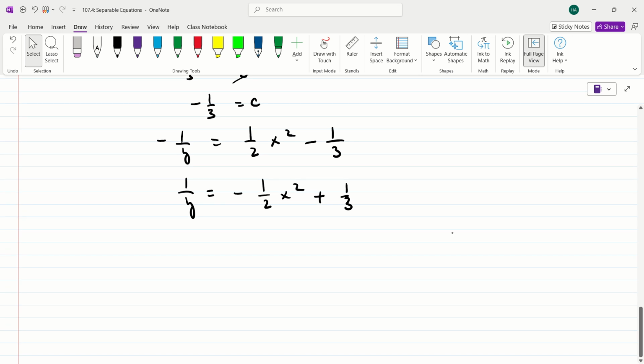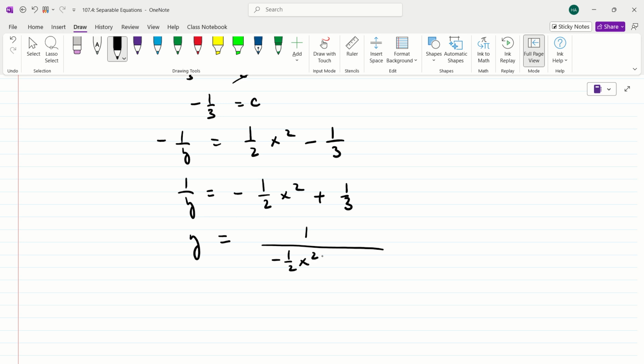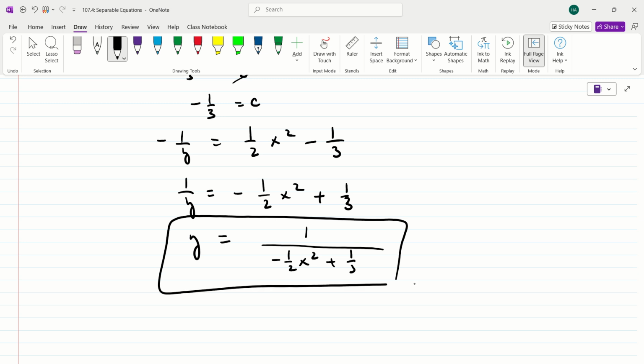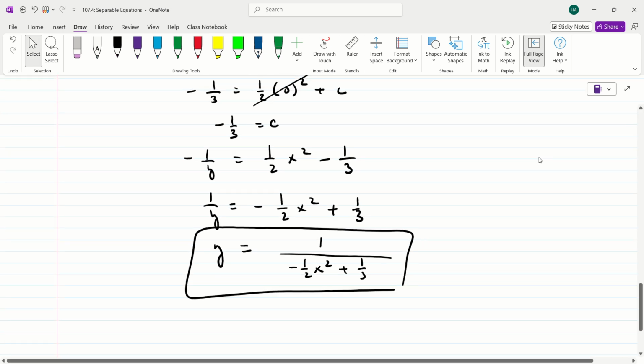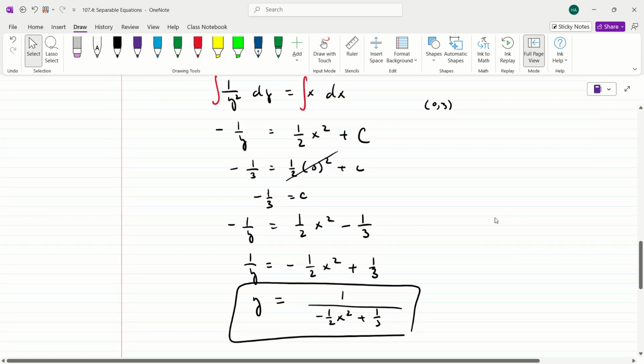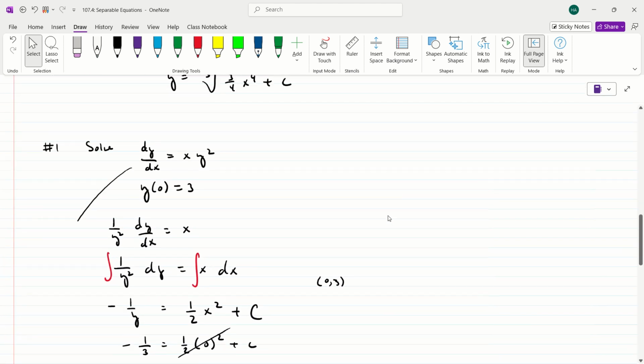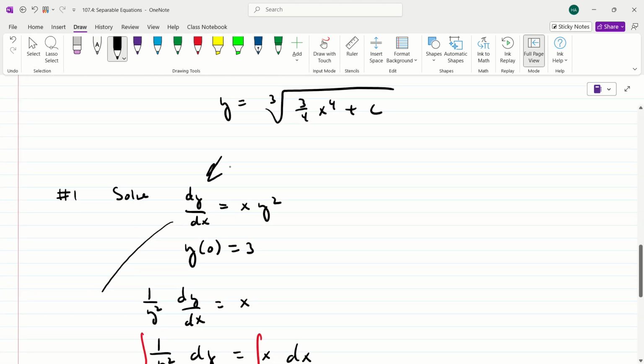Then if I take the reciprocal of both sides, I get that y is equal to 1 over negative 1/2 x squared plus 1/3. And this is the solution to the differential equation. So if I take this function and take its derivative, it should be equal to x times that function squared.